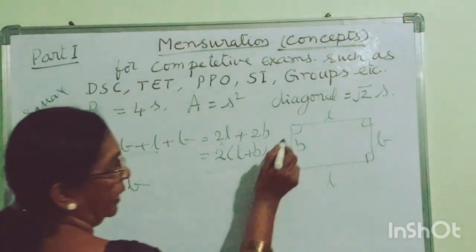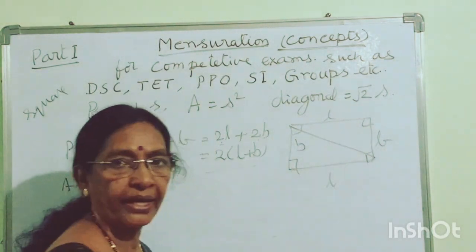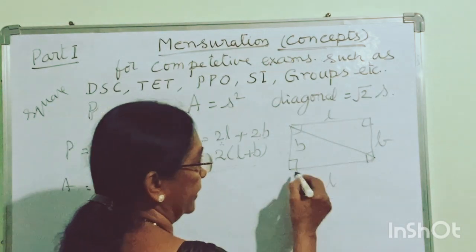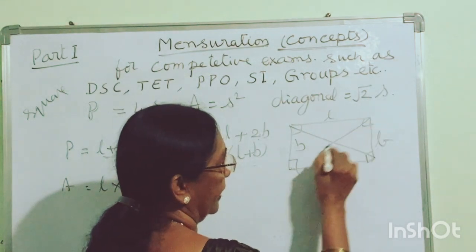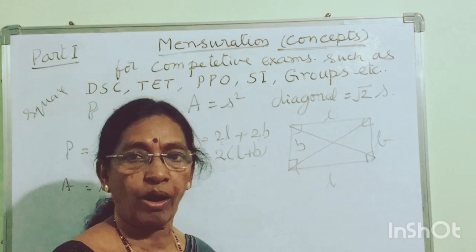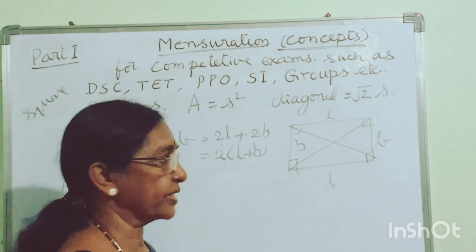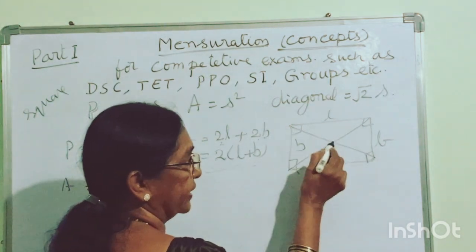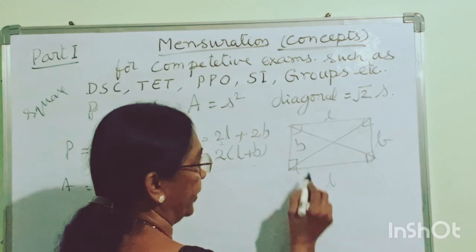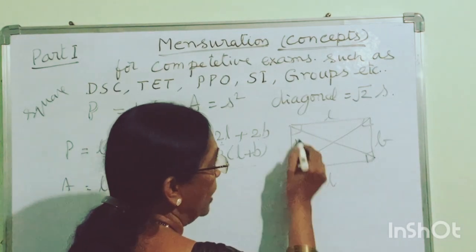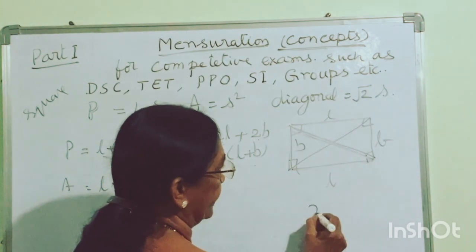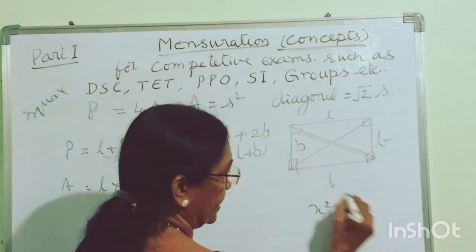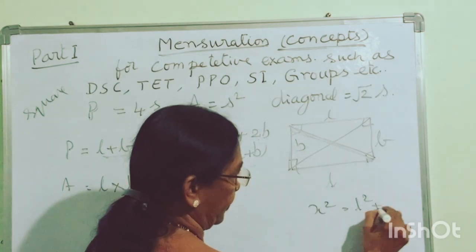You can also find the diagonal of the rectangle. The diagonals of a rectangle also bisect each other. They intersect exactly at the midpoint. So the diagonal square, x square, is equal to L square plus B square.